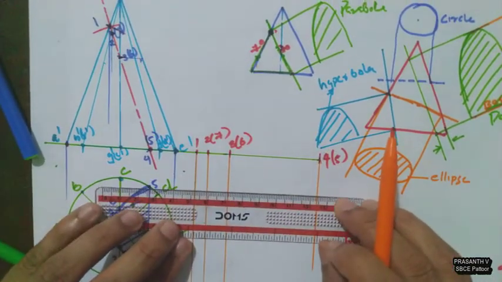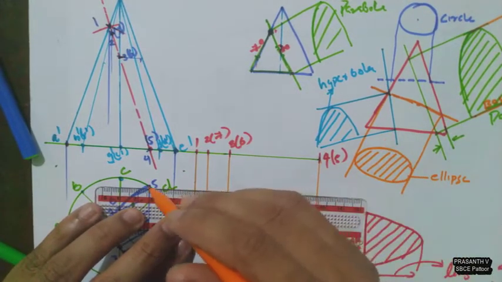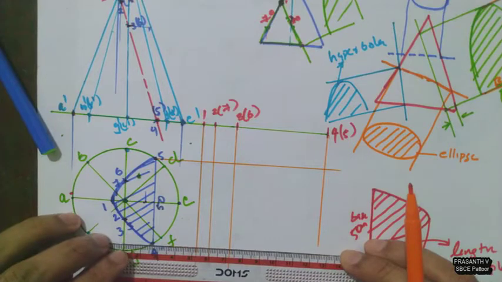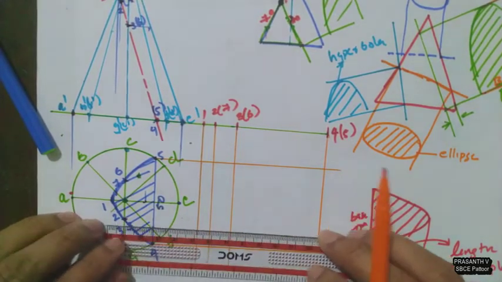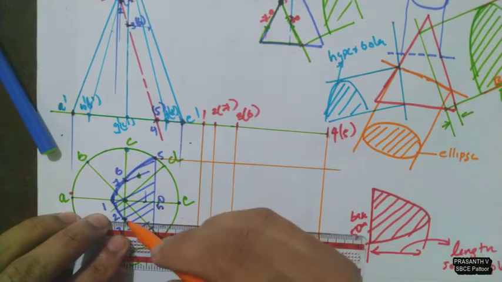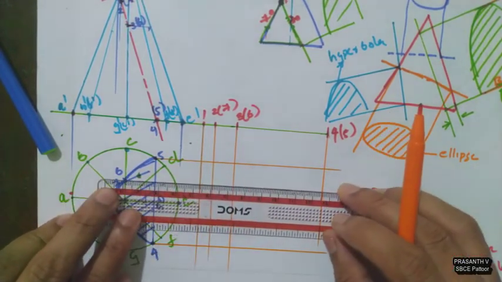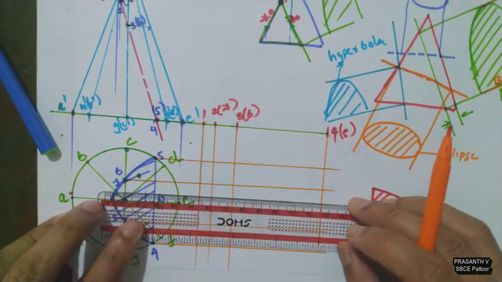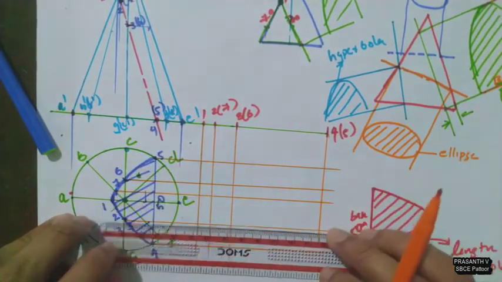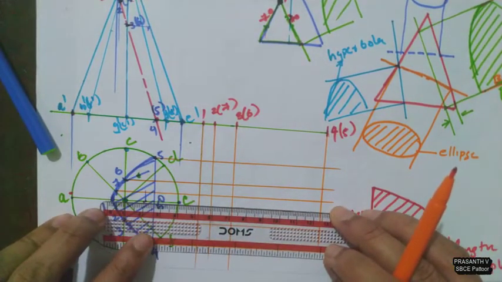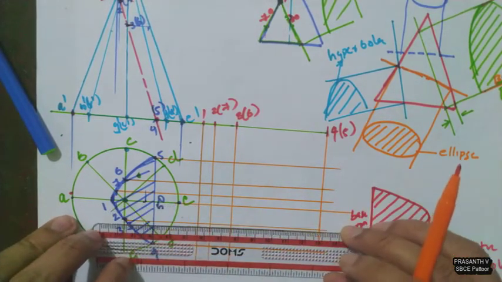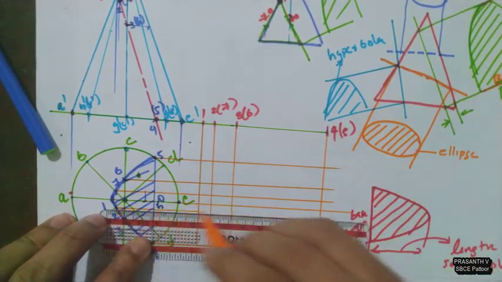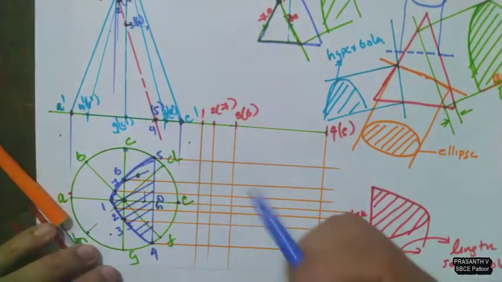Now from these points you just draw the horizontal projectors. Just mark all these intersection points.